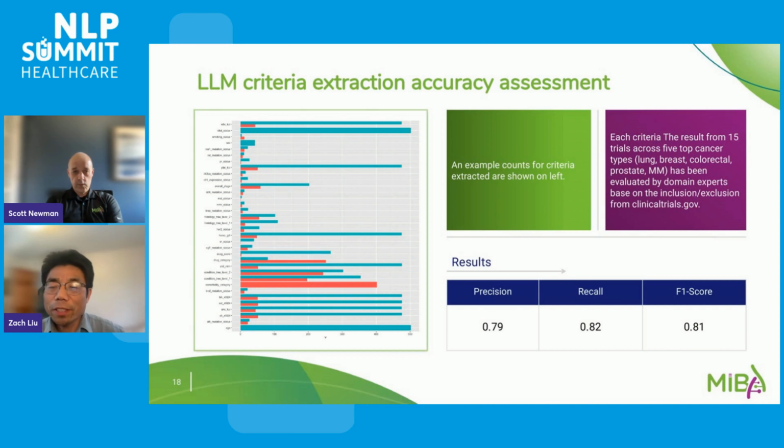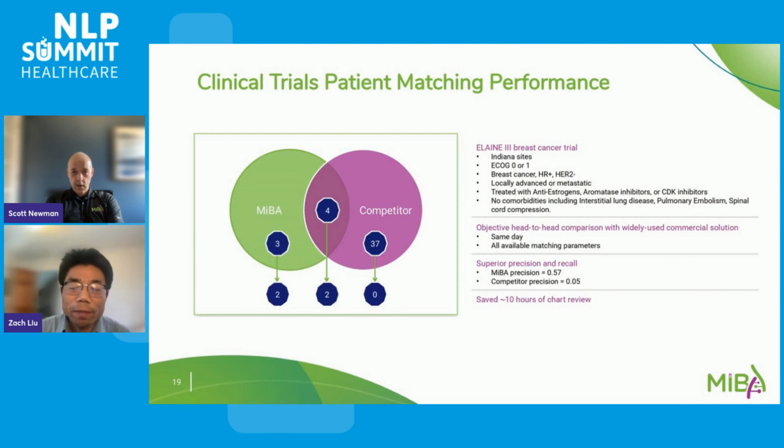The result here is the F1 score is above 0.8. We're just starting this, and this can be further improved later. Yeah, and next, I can talk about the performance.